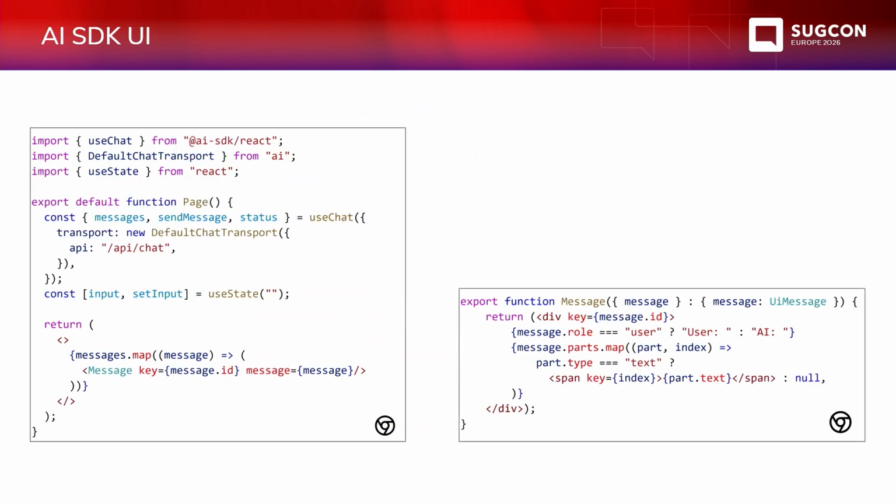And on the UI side, the client side, again, AI SDK UI provides front-end integration, and here is an example with React. There is a useChat hook which helps to manage state and messages to the server and so on.